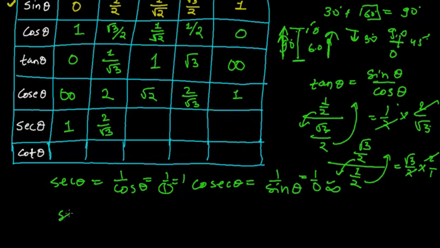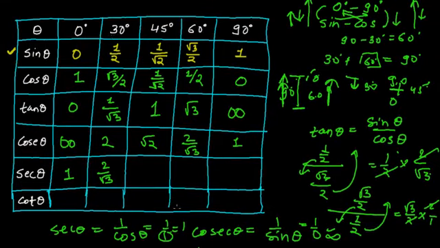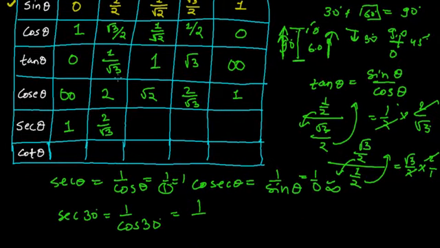See, sec 30 will be 1 upon cos 30. What is the value of cos 30? See here, cos 30 is root 3 upon 2, right? Root 3 upon 2, so this 2 will go upside, it means 2 upon root 3.